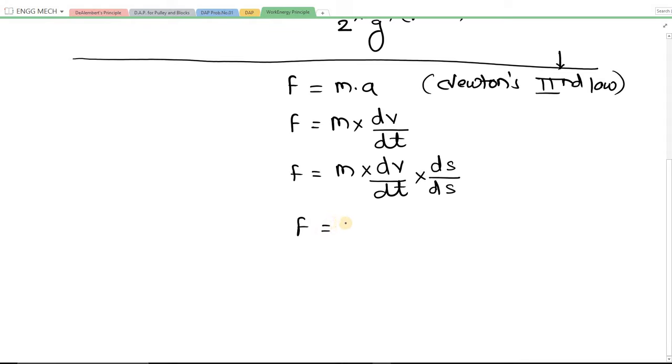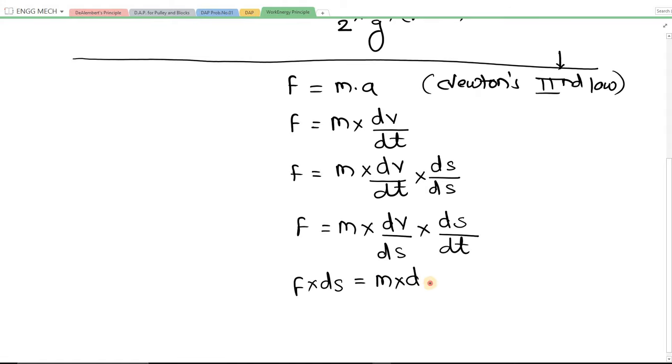Now just make some rearrangement. We will be doing m into dv by ds, and we will write it as ds by dt. Therefore, we will take one of the ds to the LHS. F into ds is equal to m into dv into ds by dt.